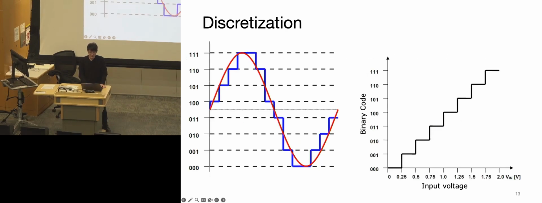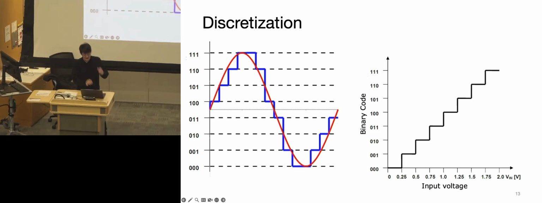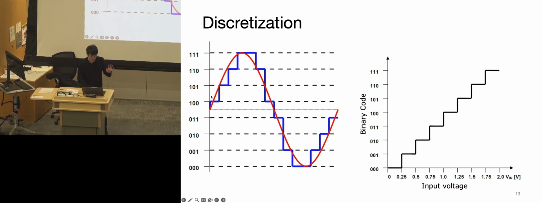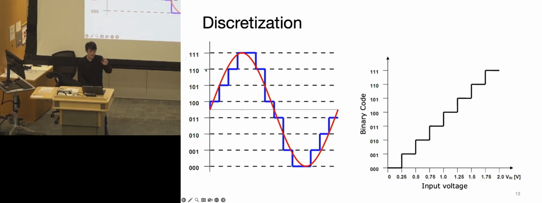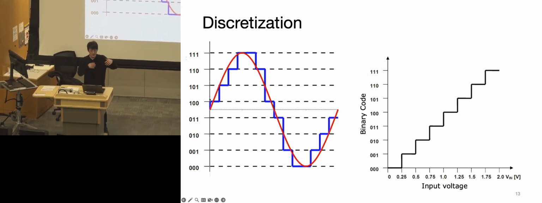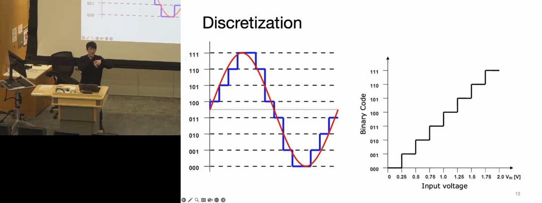So if we zoom in on that, this is a pretty low resolution system, but essentially the signal coming out of the ADC is a stepped signal, with steps connected to each other.